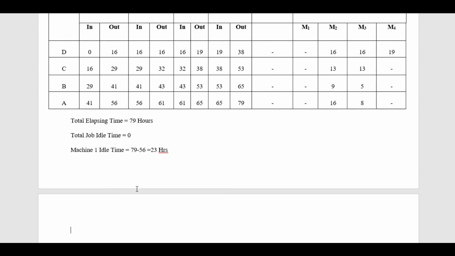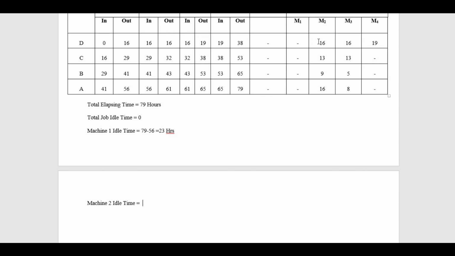Similarly, the machine 2 idle time. So first add all those values: 16 plus 13 plus 9 plus again 16. So look at this here, the cycle time, the total elapsed time, will be 79 hours. Sorry, again I am saying minutes, all the parameters are in hours.